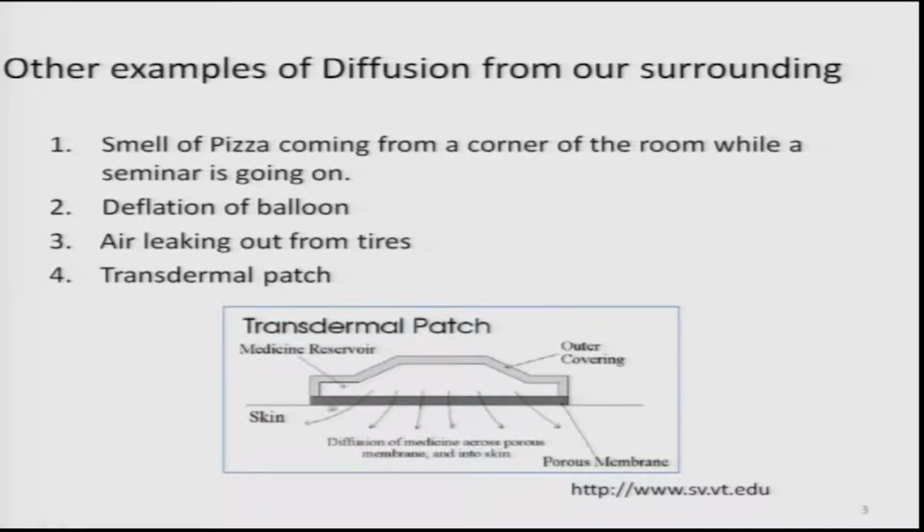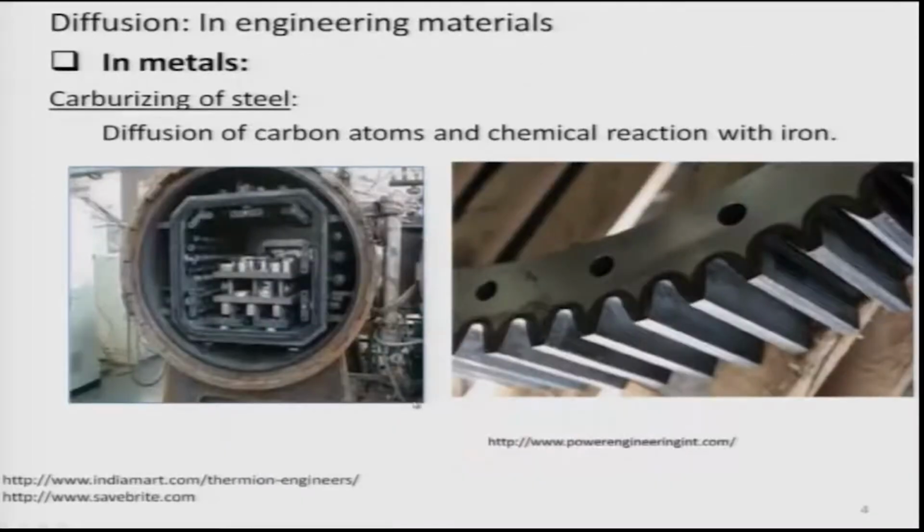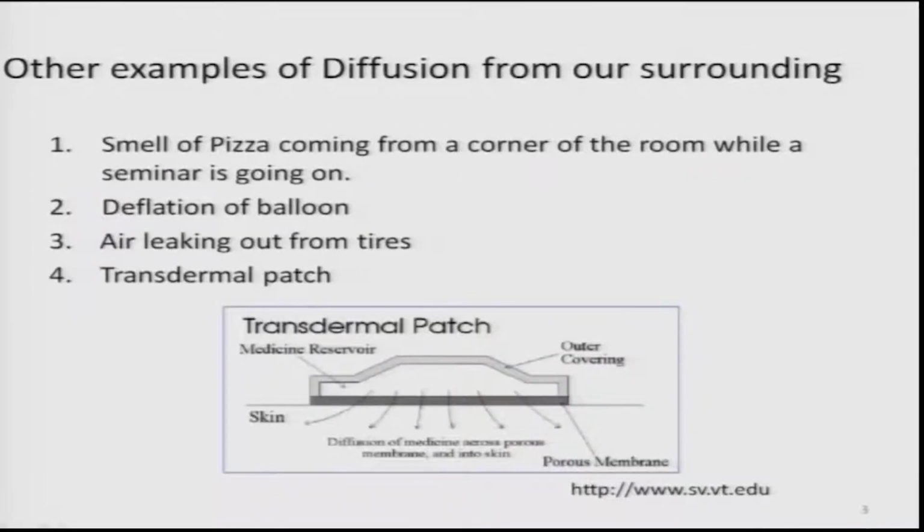What is that? You see here there is a skin, and the skin is covered with a patch, and this patch has a medicine inside it. So, if you keep it on, the medicine will slowly diffuse into the skin, correct, because the membrane which is put above the skin is basically porous.